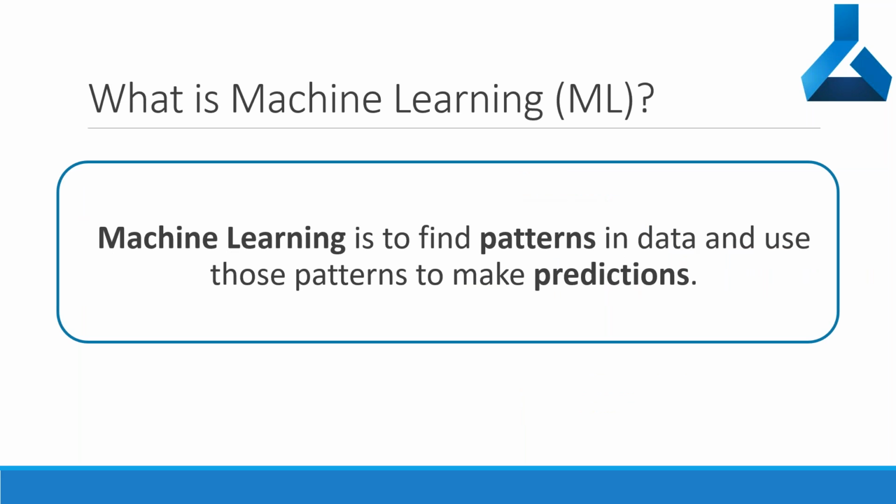So basically, what is machine learning? If you think about machine learning, it is about finding patterns in your data and using those patterns to make predictions. So it is actually finding patterns in the data, which means data is the foremost important thing in machine learning.